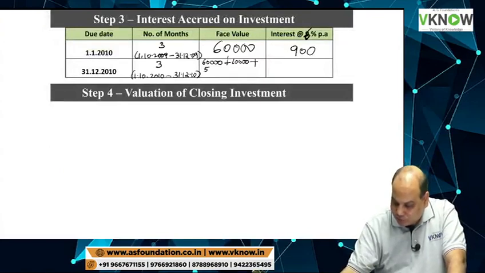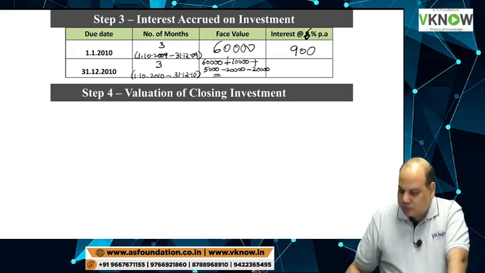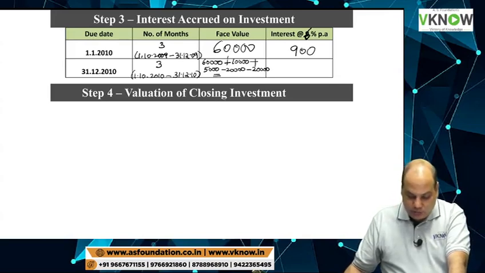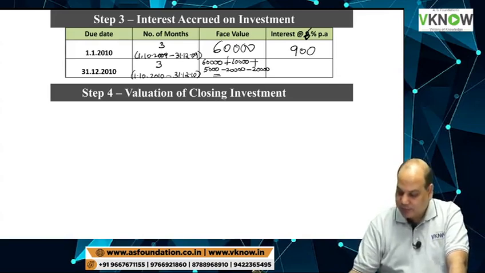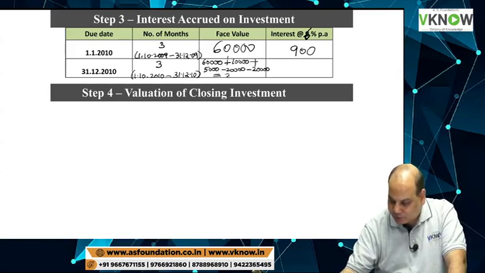So 60 plus 10 plus 5 minus 20 minus 20 is 35,000, the face value of debenture held on year ending date.